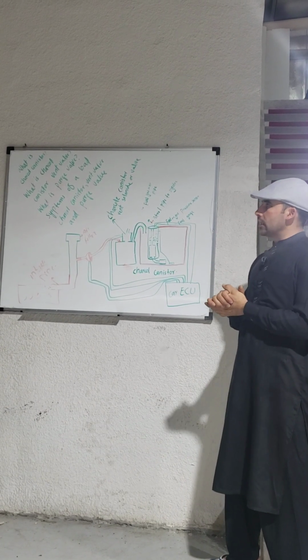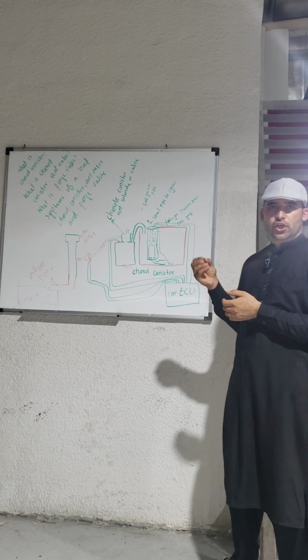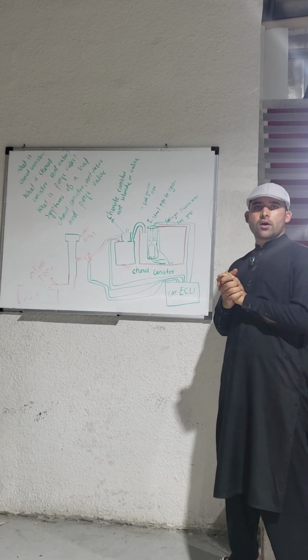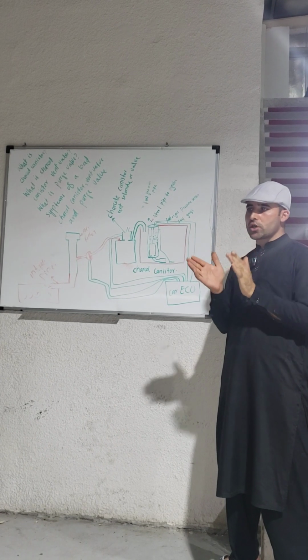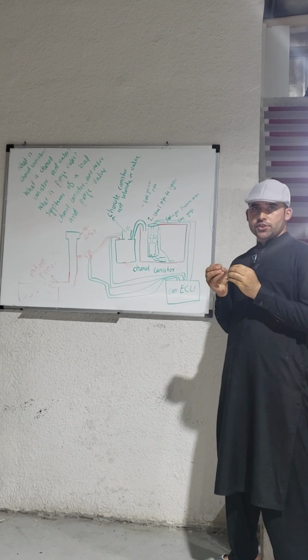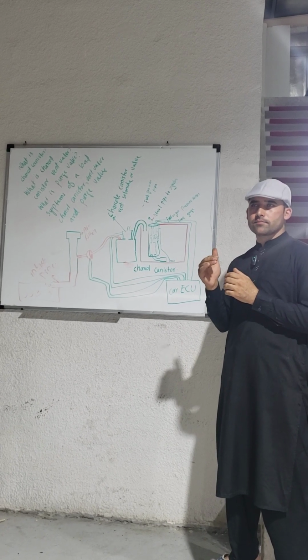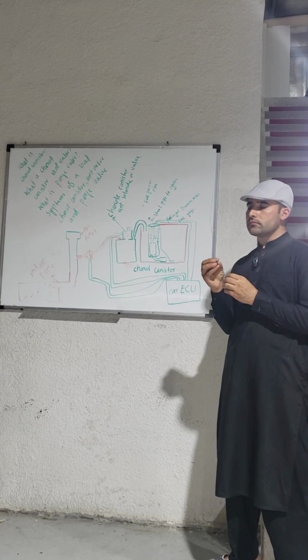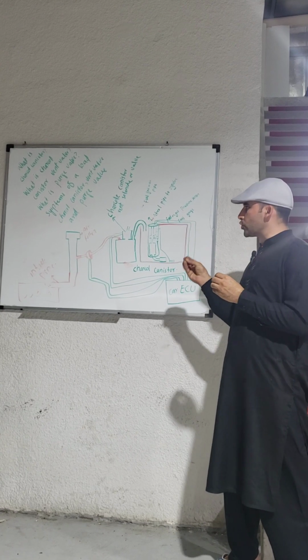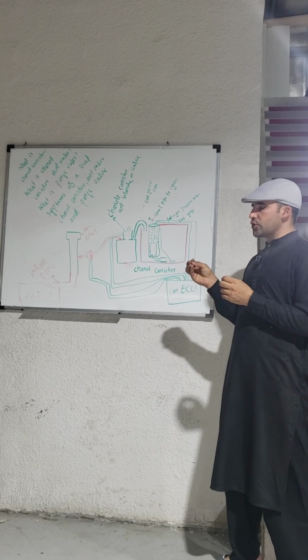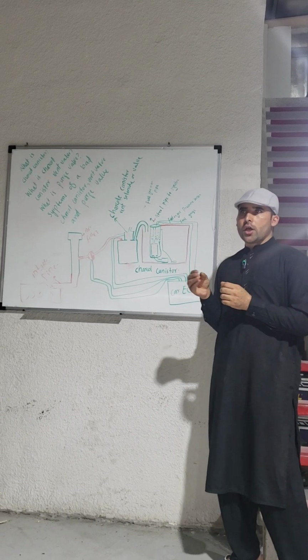So normally, what is a charcoal canister? A charcoal canister is a small plastic box where the fuel tank gases or vapors come into that canister and are stored inside.